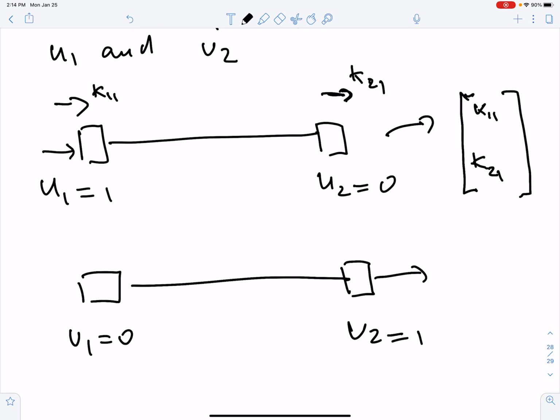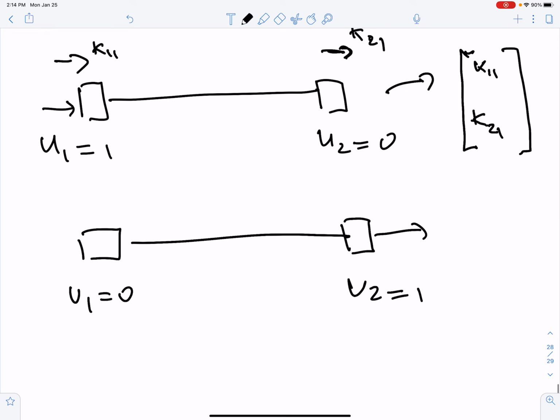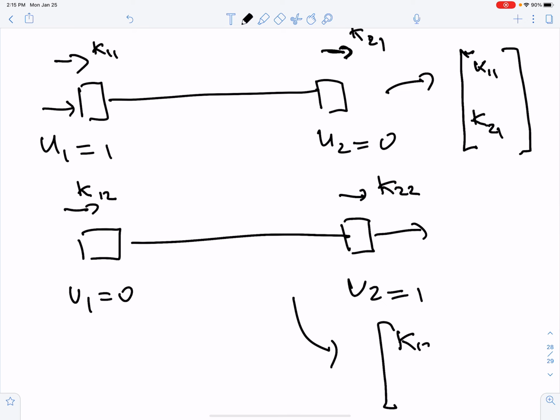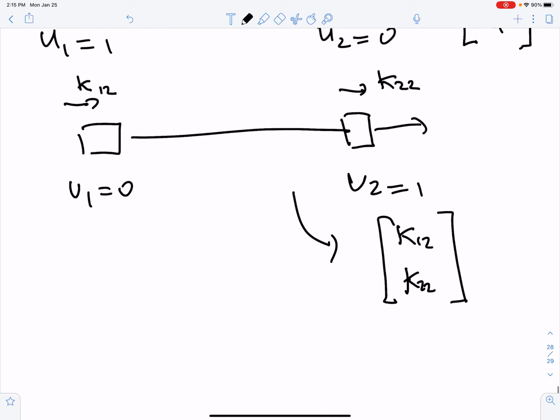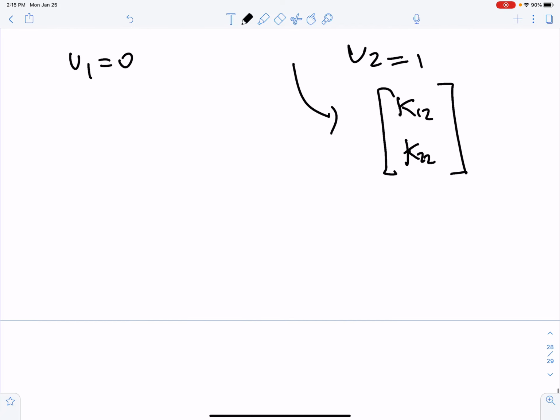This setup here produced for me a pair of forces that I would call K12 and K22. So let's explicitly compute those.